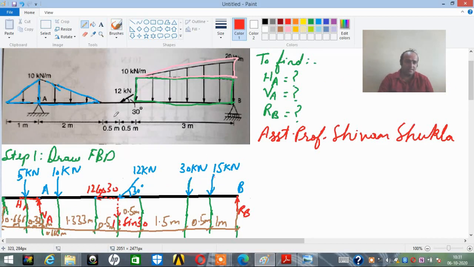So 12 cos sin 30, if I see, from A it is at a distance of 2.5 meters.